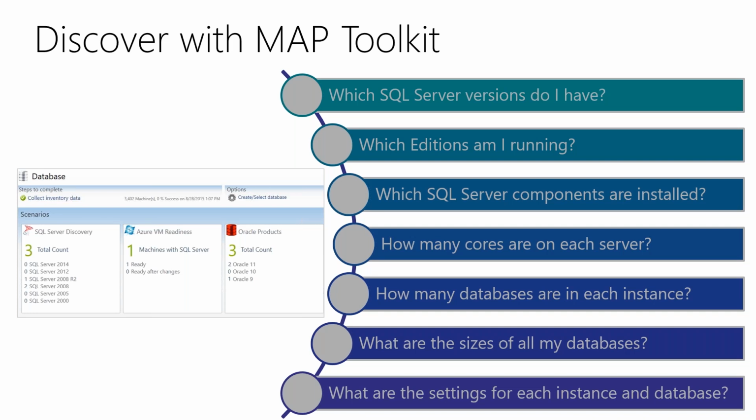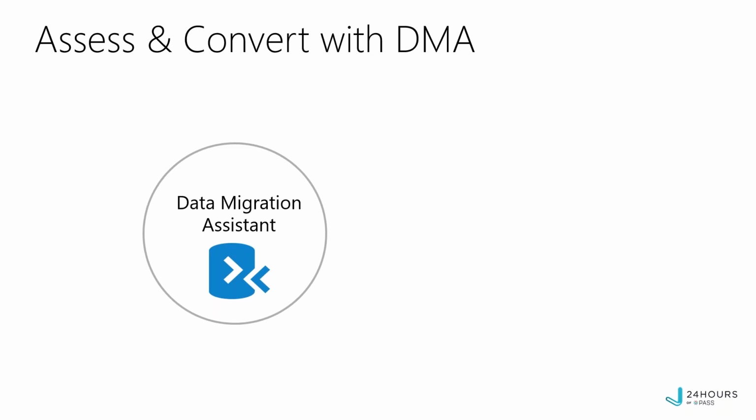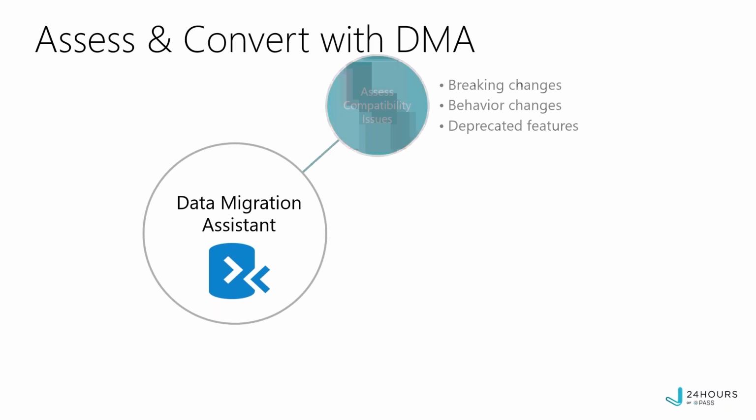So that's step one. Next, we would move on to assess and convert. For the assessment phase, we focus on the Data Migration Assistant. The Data Migration Assistant is a way to assess your database code to look for breaking changes, behavior changes, and deprecated features. These are the things that Pedro was talking about when he was talking about DB Compat.